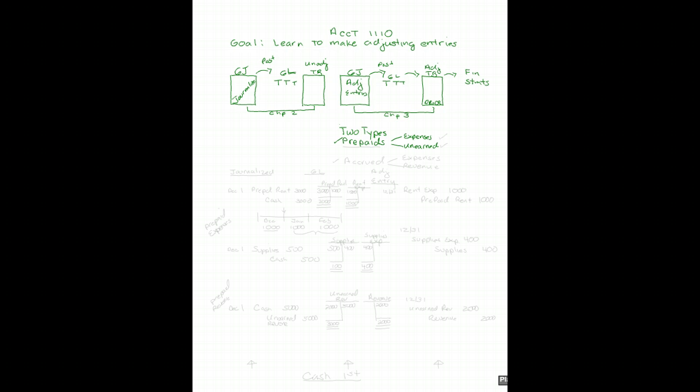And the other is accrued items. Sometimes that's accrued expenses, things we have consumed but haven't paid for, and accrued revenue, things we have earned but have not yet been paid for.